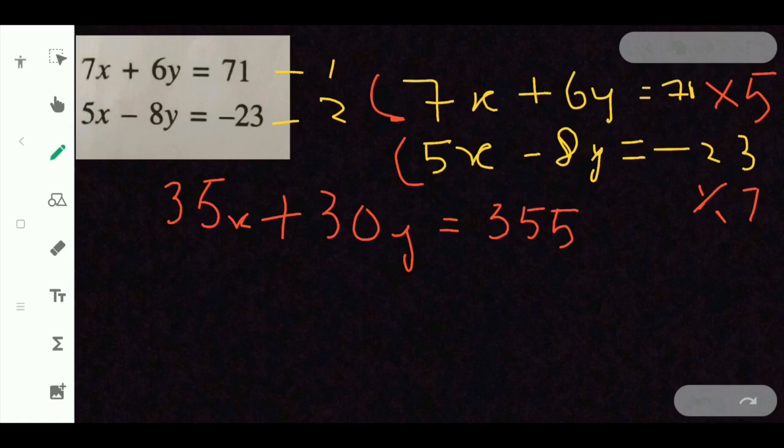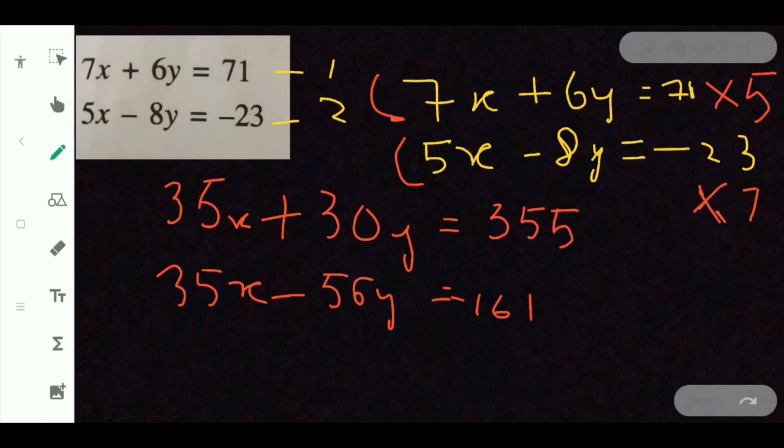And the second equation, 5 multiplied with 7, so it will become 5 into 7, which is again 35x, minus 8 into 7 is 56y, which is equal to minus 23 into 7, it is minus 161.